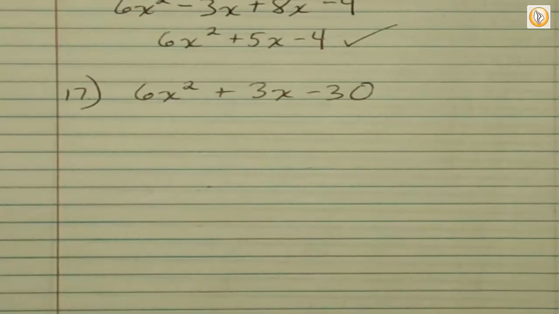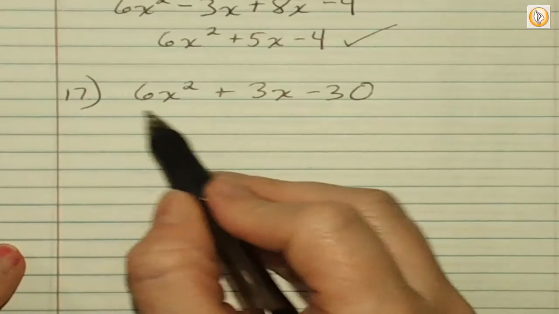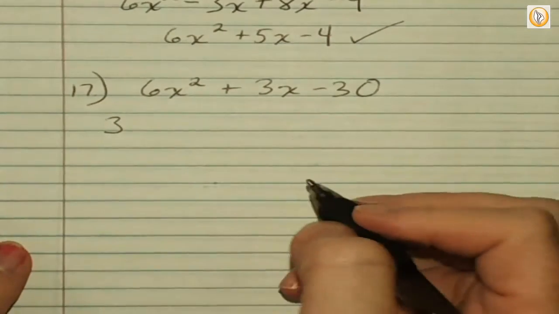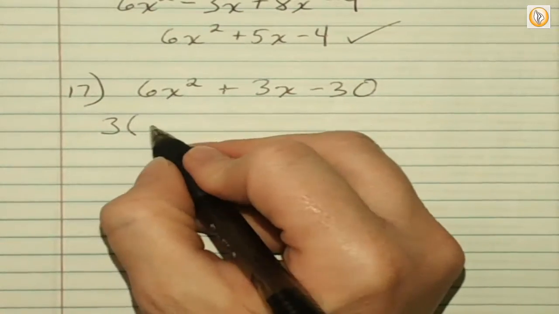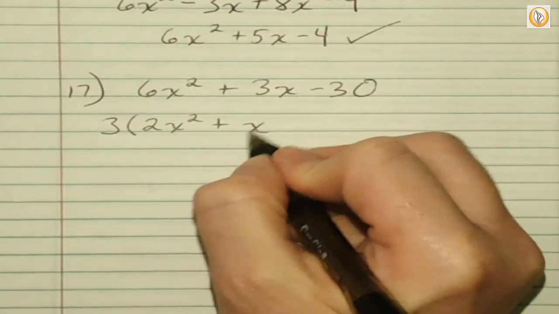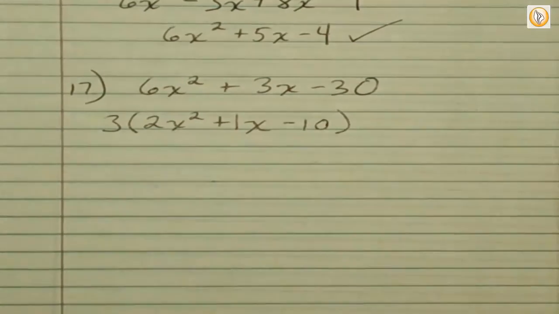6x squared plus 3x minus 30. What's the first thing I do? Find the factors of 6. Really? Is that the first thing I do? Factor of 3. Very good. Do they have something in common? Very good. We take out the 3. 6x squared divided by 3 is 2x squared plus x, or we can say 1x, minus 10.